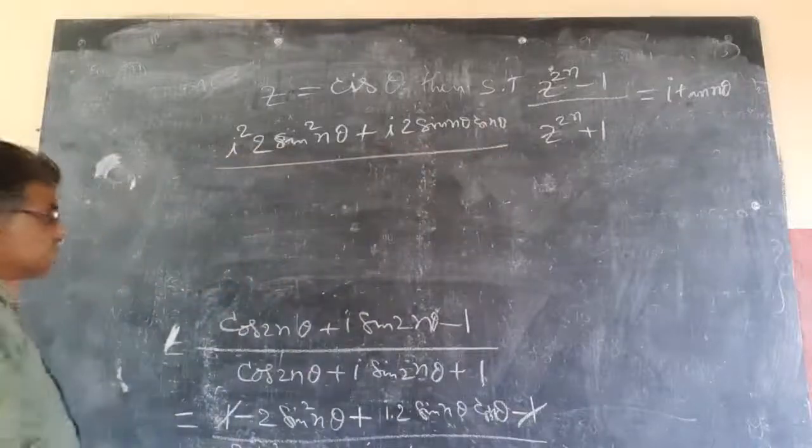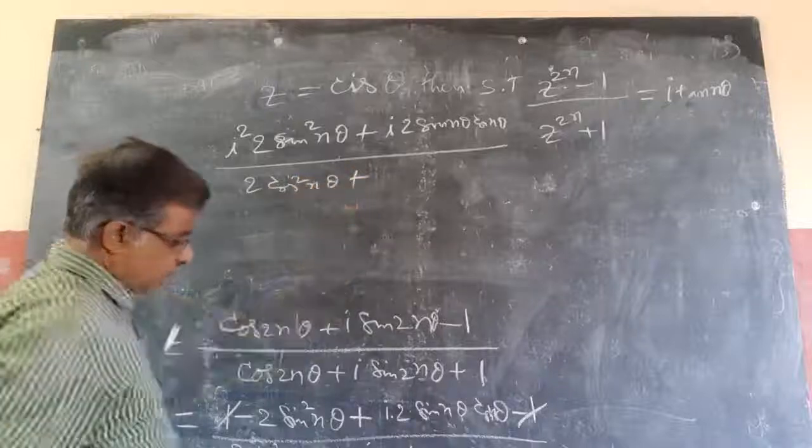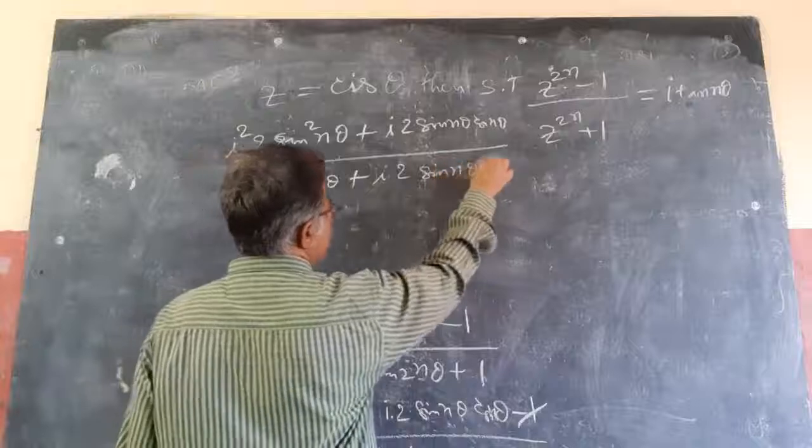Coming to the denominator, it is 2 cos square n theta plus i into 2 sin n theta cos n theta.